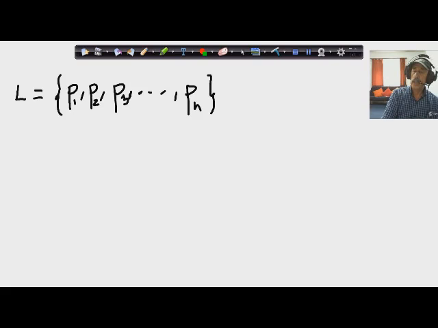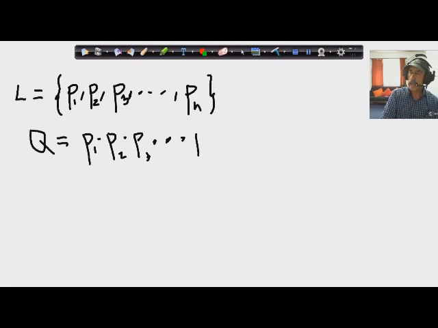What Euclid did is he took a finite list of primes, say list L, which has n primes, and he proceeded to build a number we call Q, which is the product of all primes in list L without exception, until the last one, and then he added 1.